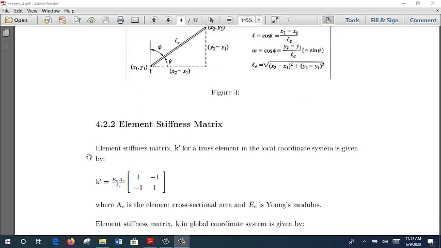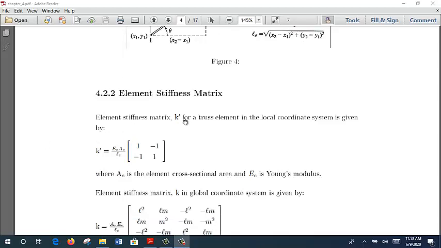So now we go to another subsection, which is how we calculate the element stiffness matrix. I hope you still remember the element stiffness matrix, how you calculate that for 2D. For the trusses, the calculation looks different, but the method is similar.